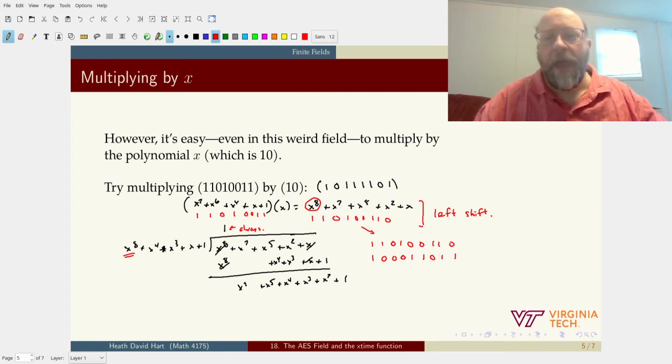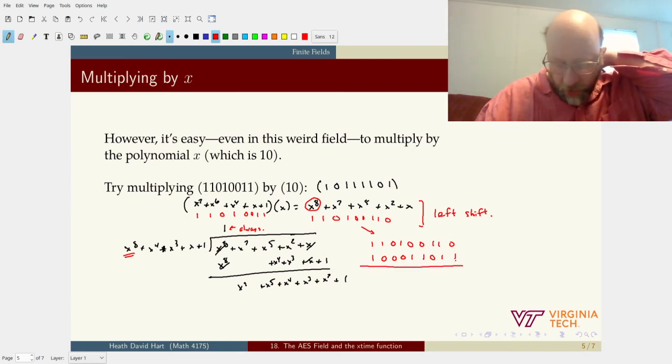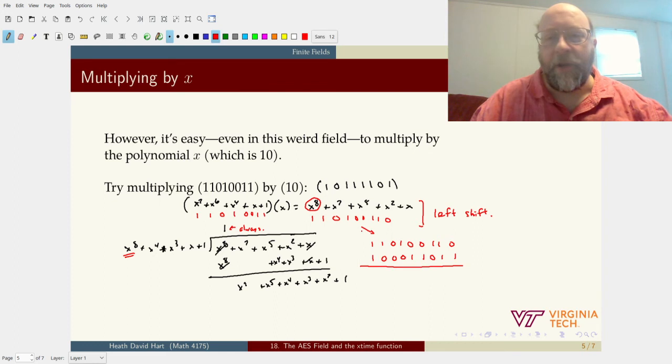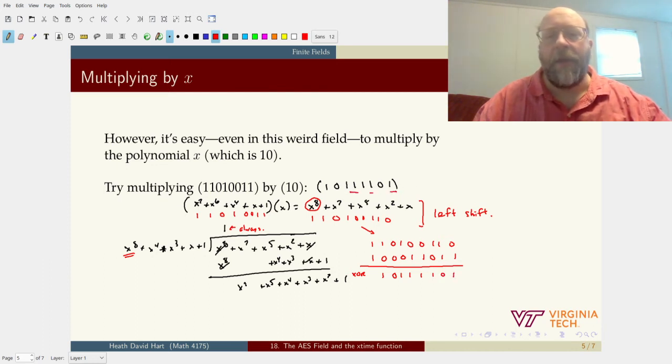This is our AES polynomial. But in Zmod 2, subtracting and adding are the same, and so this is just an XOR operation, and we get 0, 1, 0, 1, 1, 1, 1, 0, 1, which is exactly the same answer we got up here. And so this is just an XOR.